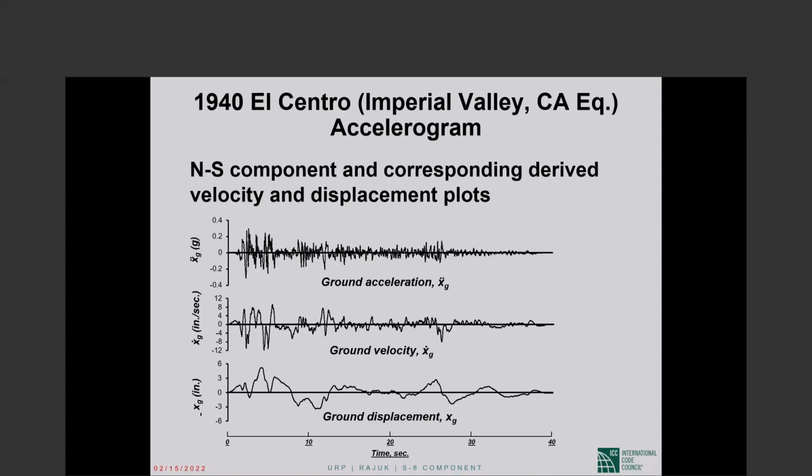The instruments are called strong motion accelerographs because they are triggered only when ground accelerations go beyond a certain threshold, so that every little bitty earthquake is not recorded. Those are strong motion earthquakes generating strong enough ground motion that are recorded.